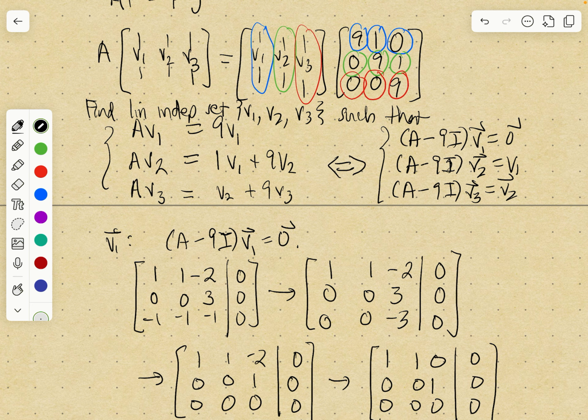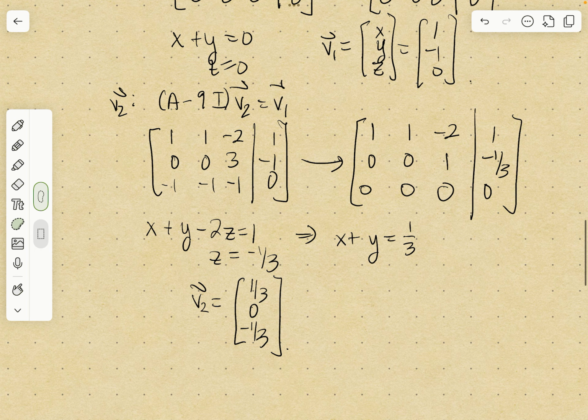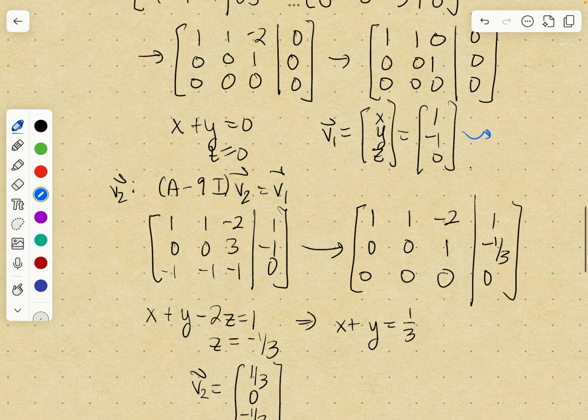And so what you can do is, if you go back to this system of equations here, if you scale v1 by a scalar, the system will still be true if you scale v2 by that scalar. So in this case, if you want to get rid of the fractions, we can change v1 to be the new v1 by multiplying by 3.